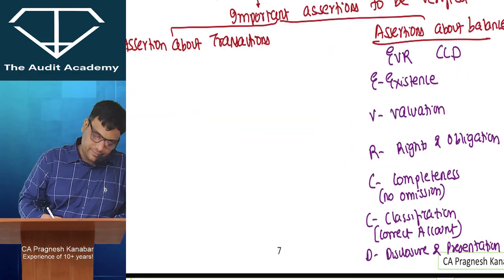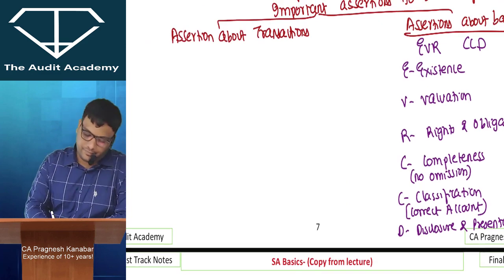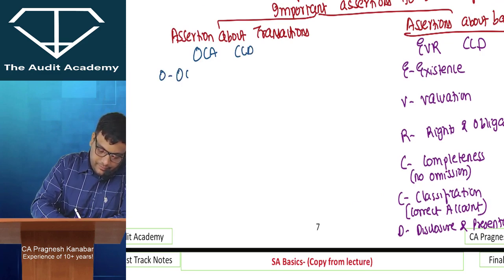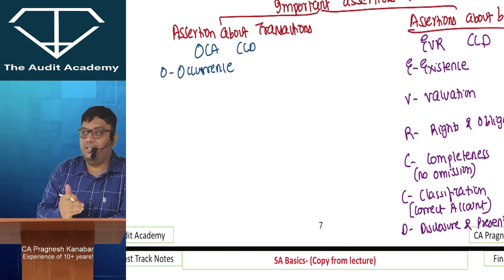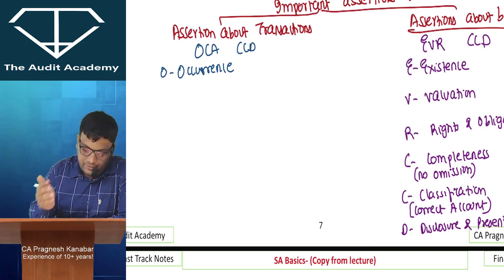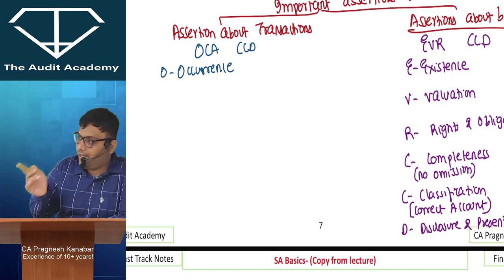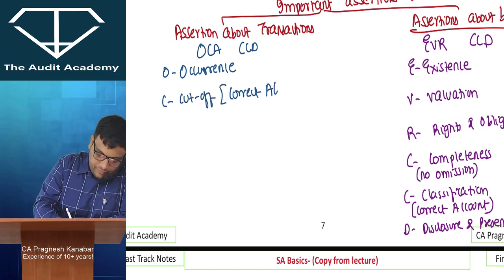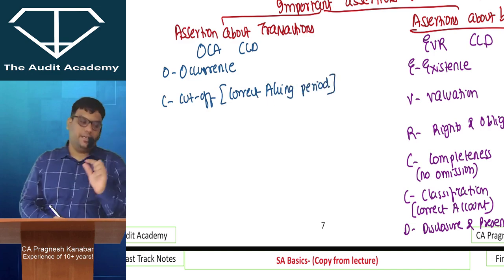So everyone over here, when it comes to transactions, always remember OCA, CCD. O for occurrence. Don't use the word existence of transactions. Transactions occur, balances exist. Cutoff: whether it is recorded in correct accounting period.